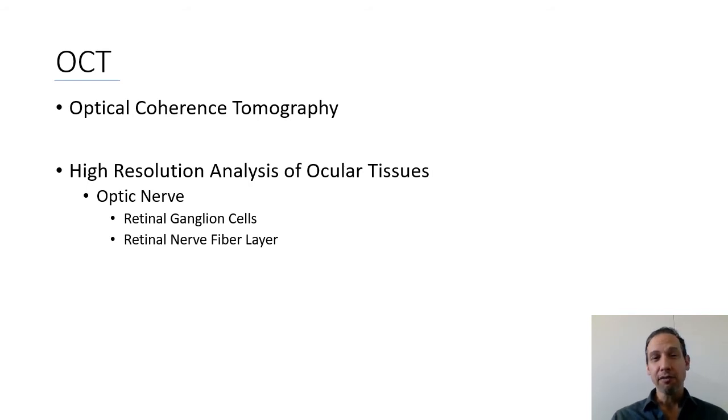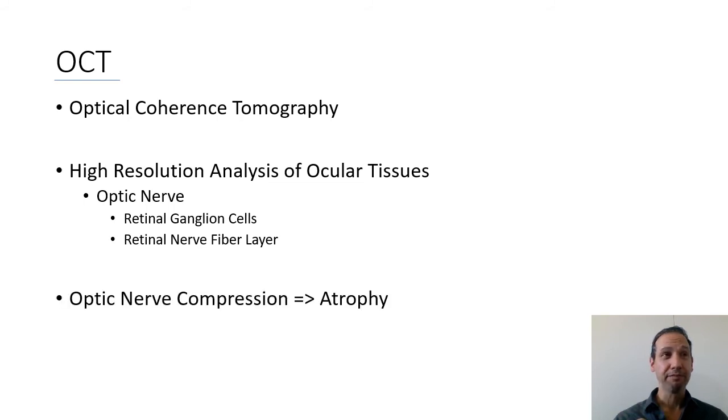And that allows us to perform high resolution imaging of ocular tissues, for the retina, for example, and for our scenario, for the structures that are related to the optic nerve, and that would be the retinal ganglion cells in the retina and the retinal nerve fiber layer. These are the structures that form the optic nerve.